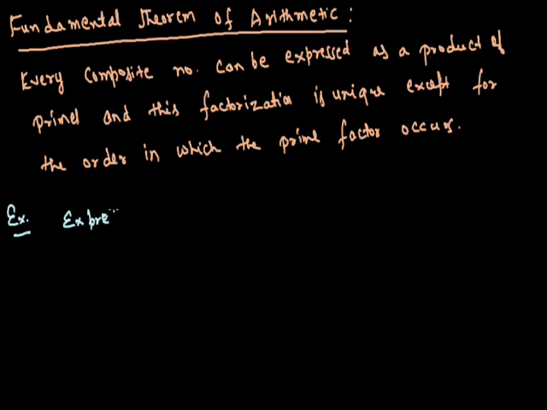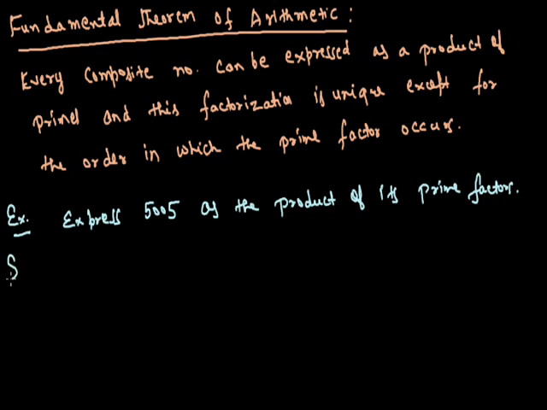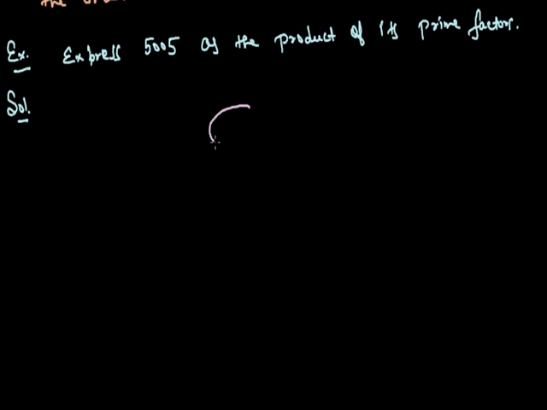express 5005 as the product of its prime factors. Now solution for this. So number is 5005. Now when it is divided by 5, we got 1001.